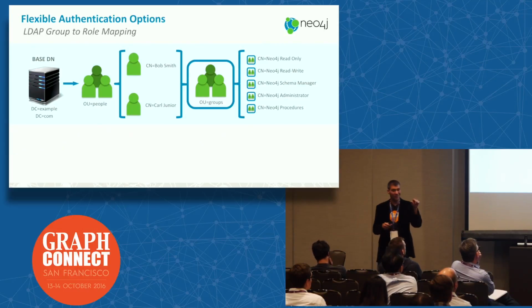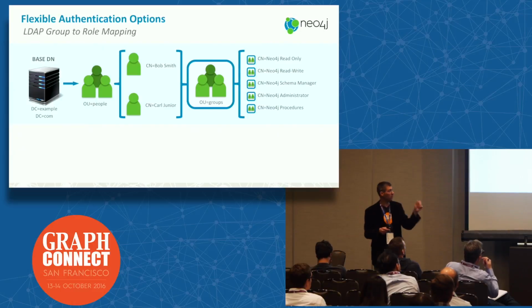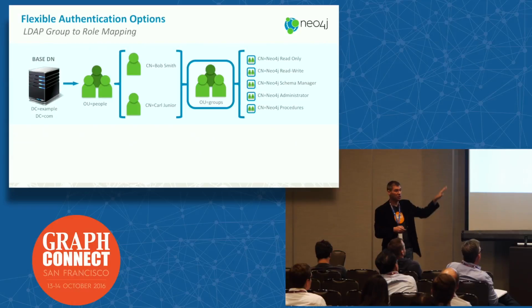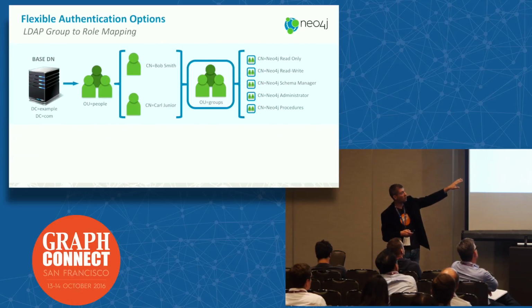And they are linked inside your LDAP directory by the attribute memberOf, whatever, and that's how it works. This says nothing about what these people can do in Neo4j, right? This is just the structure of your Active Directory as such.